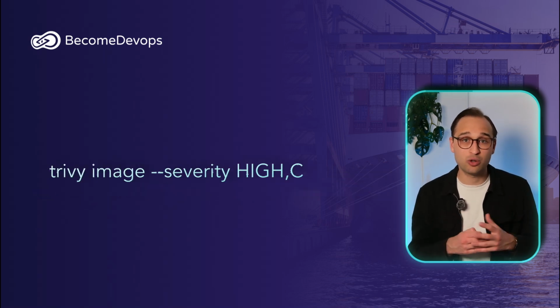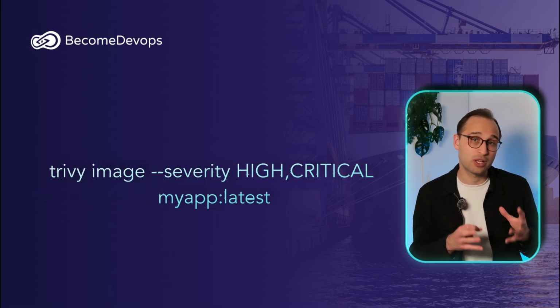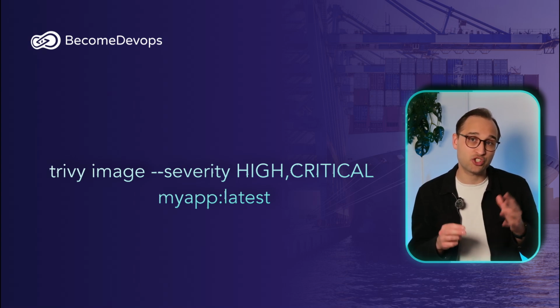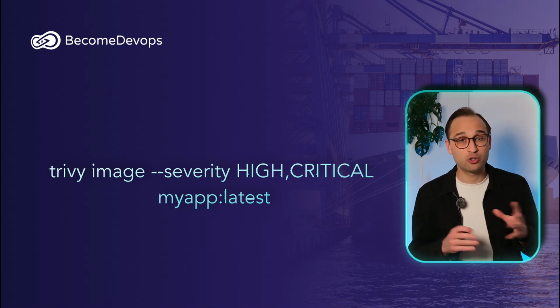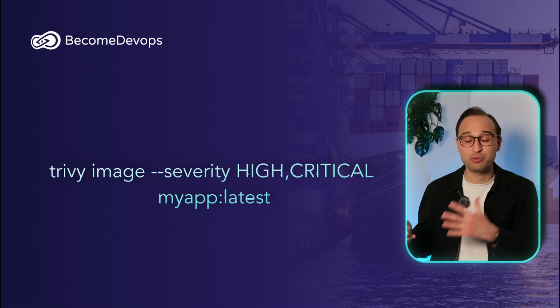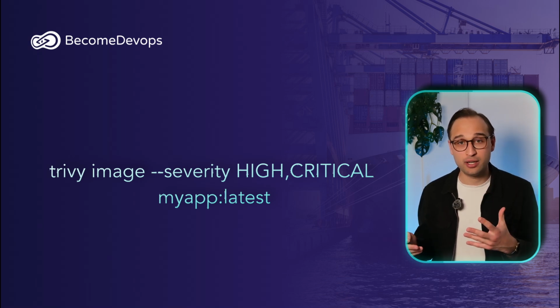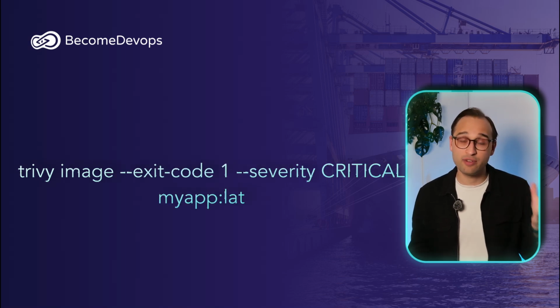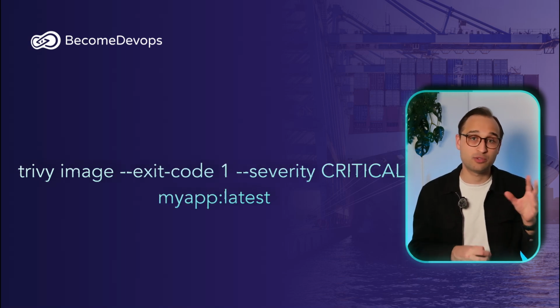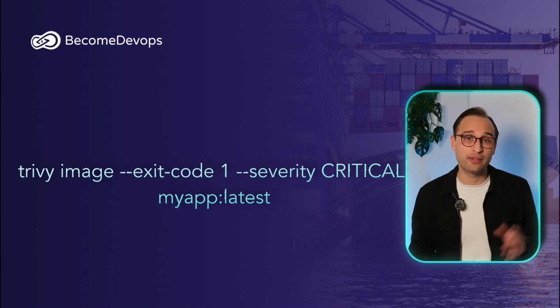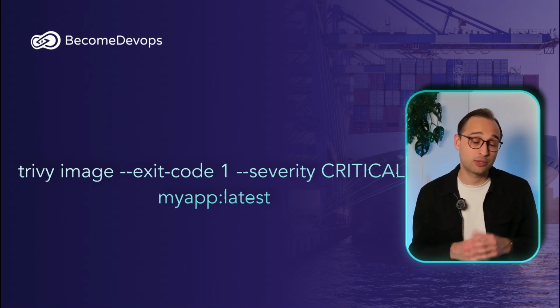Scan with the severity filter for high and critical only. So for that we need to run trivy image --severity HIGH,CRITICAL, and at the end of the command we need to provide the image name. Another functionality is that we can scan and fail if a critical vulnerability is found. So for that we would run trivy image --exit-code 1 --severity CRITICAL.